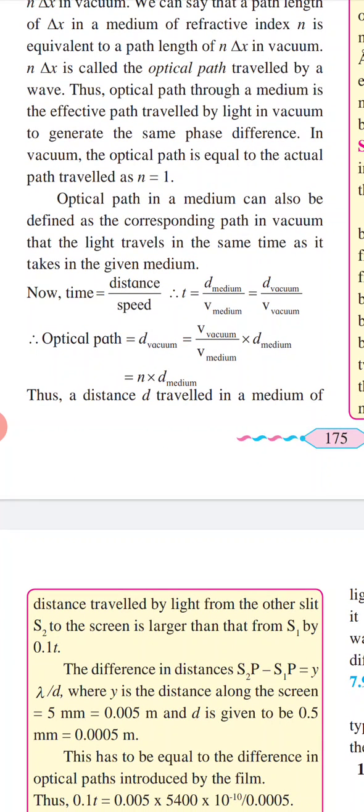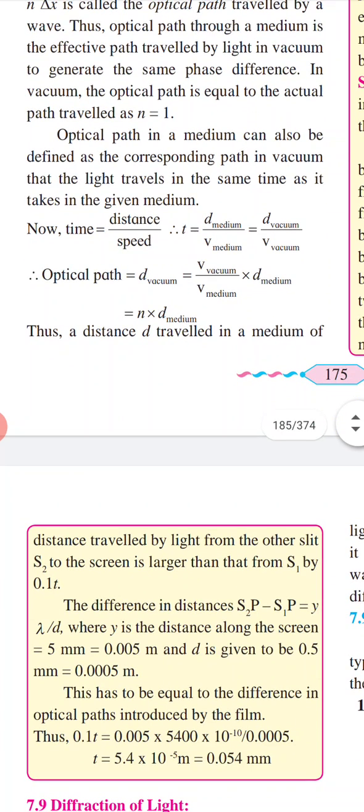The optical path in a medium can also be defined as the corresponding path in vacuum that light travels in the same time as it takes in the given medium. So time is equal to distance upon speed. So t equals d medium upon v medium, which is equal to d vacuum upon v vacuum, and that is the optical path, which is equal to d vacuum, that is v vacuum upon v medium into d medium.